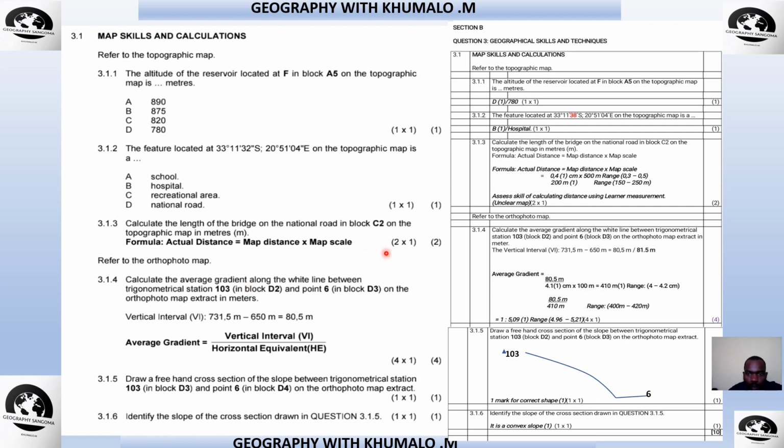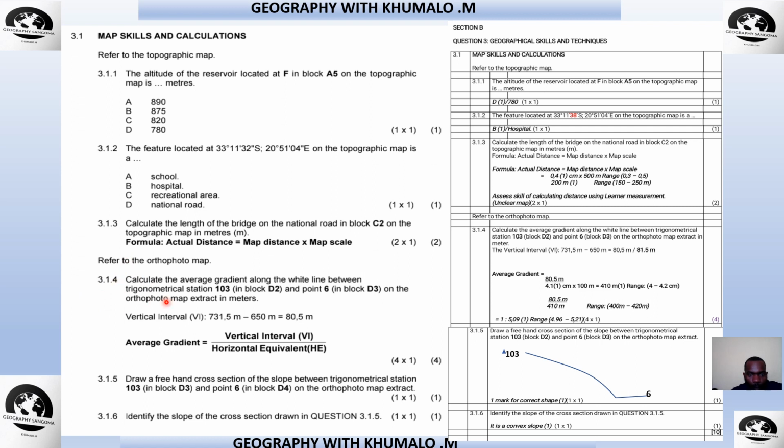So in meters we multiply by 500, and then 0,4, for example, multiplied by 500 gives you 200 meters. Then your range of answers is from 150 to 250 meters. If you are between 150 to 250 meters, you are still correct.